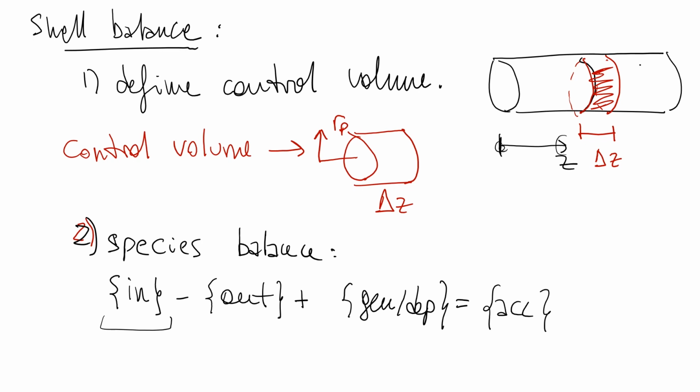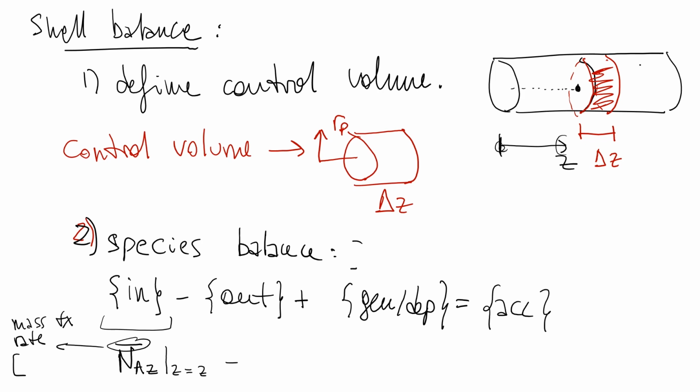So we would start here and we move until we hit the first boundary of our control volume in the z direction. And that will be our in. So our in will be mass transfer rate of A in the z direction at the position Z.